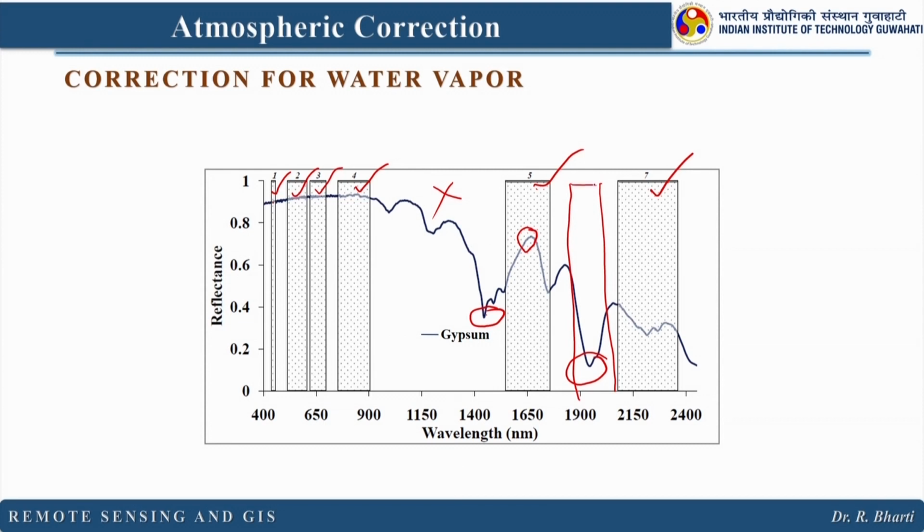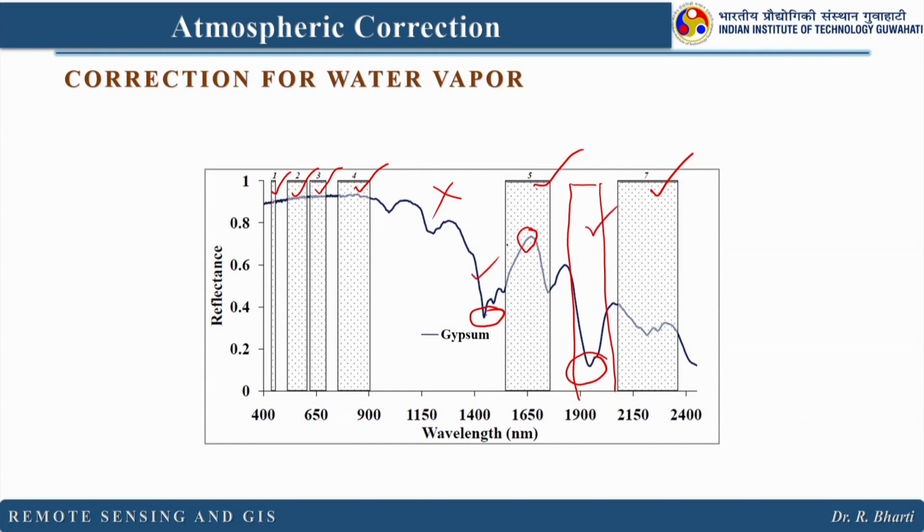Why? Because that will be mostly affected by your atmospheric water. So, that means the objective of this particular sensor launch was something different, to study the surface behavior or surface characteristics.